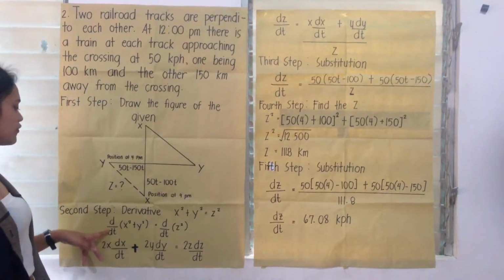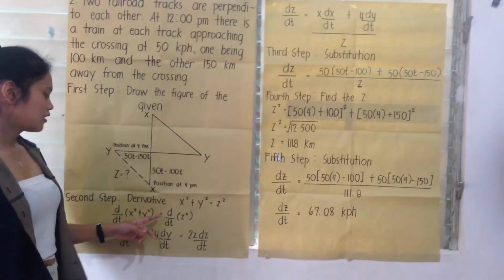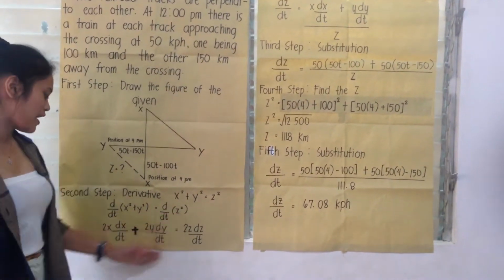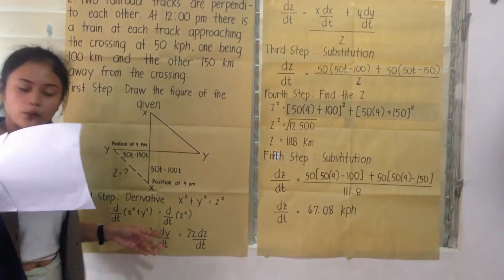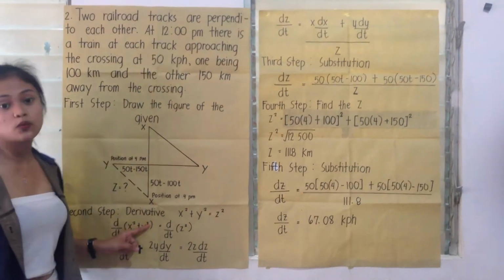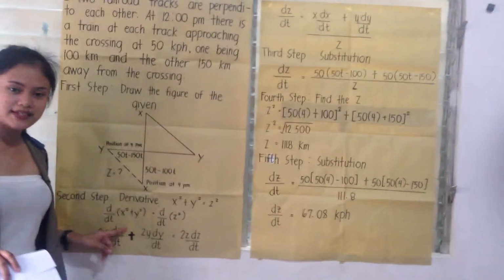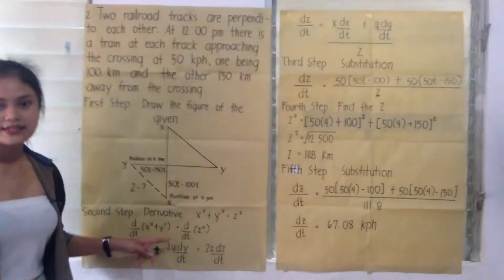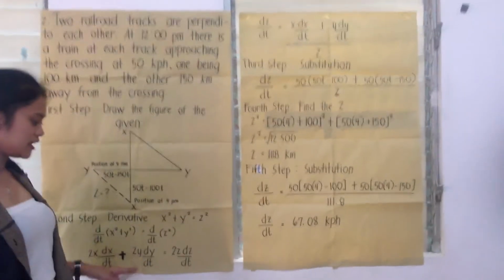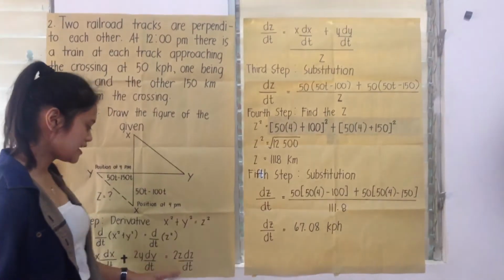So we have d over dt of x squared plus y squared equals d over dt of z squared. So now, we should not forget the power rule, in which the exponent will become the coefficient. So 2x times dx over dt plus 2y times dy over dt is equal to 2z times dz over dt.